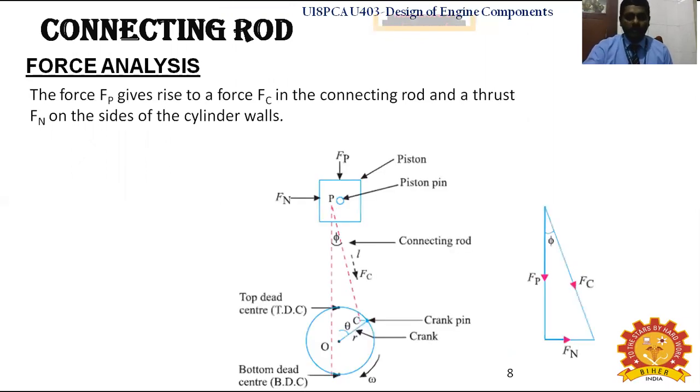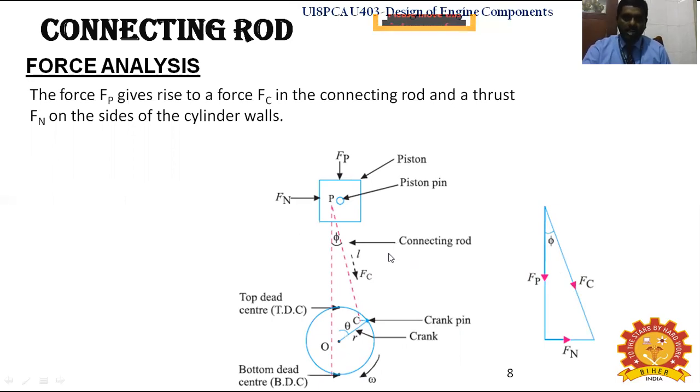So there will be an exertion of gas pressure Fp, and also a normal reaction, the thrust force, on the cylinder wall. As a resultant of these, you get a force on the connecting rod.